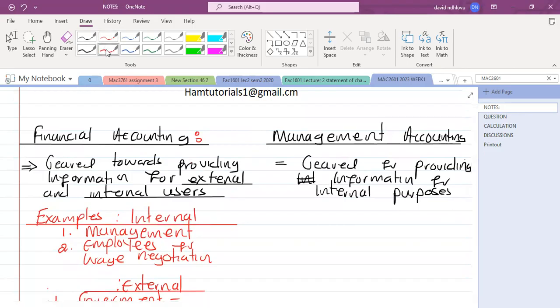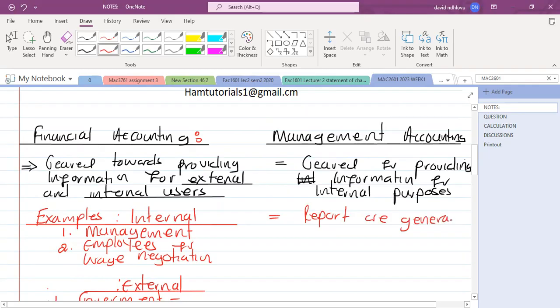But when it comes to management accounting, these reports are generated to help management make informed decisions.